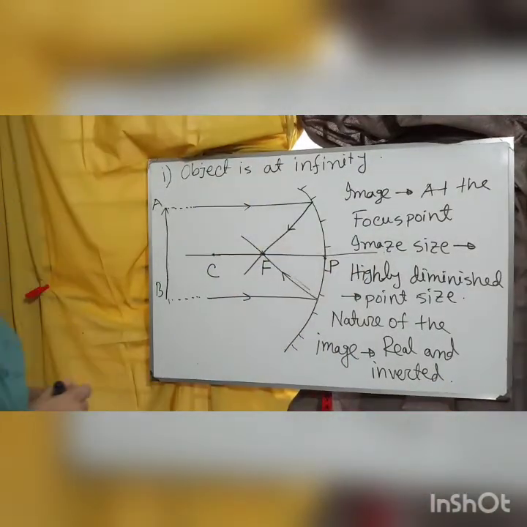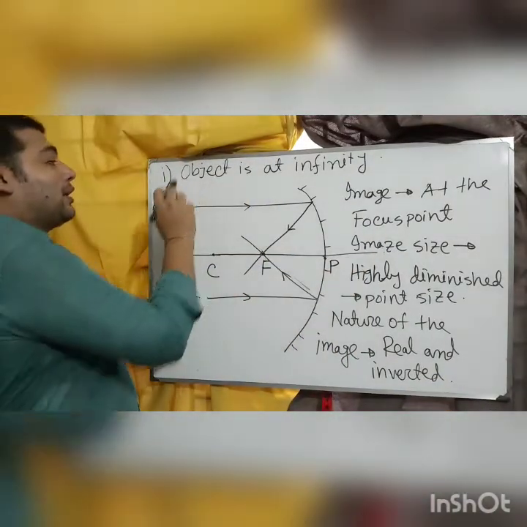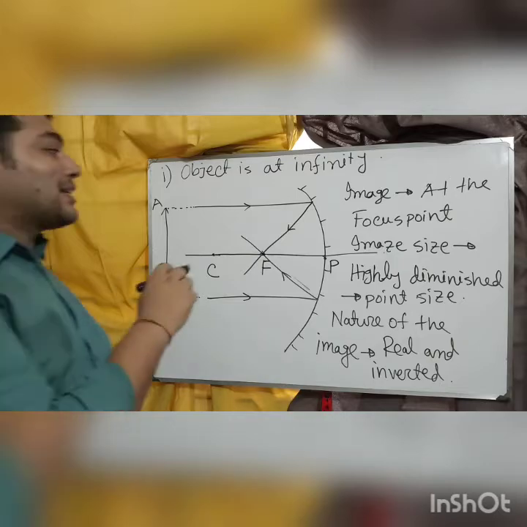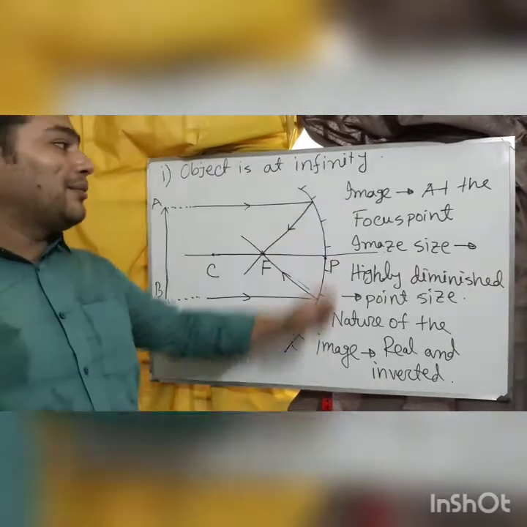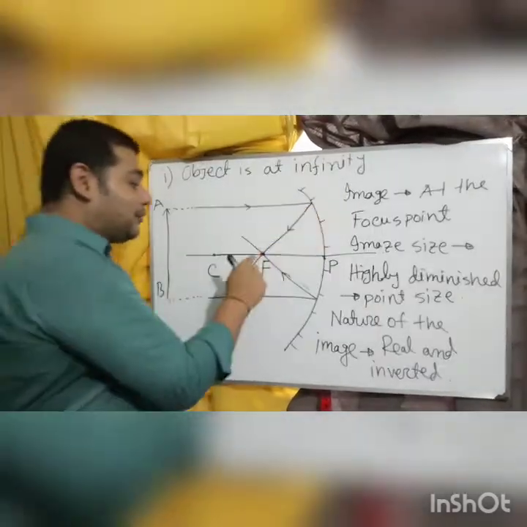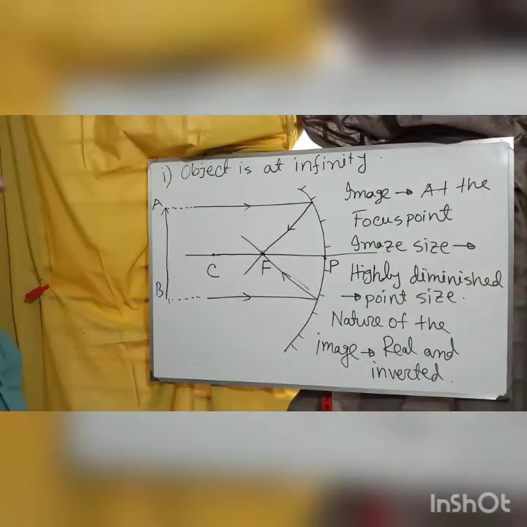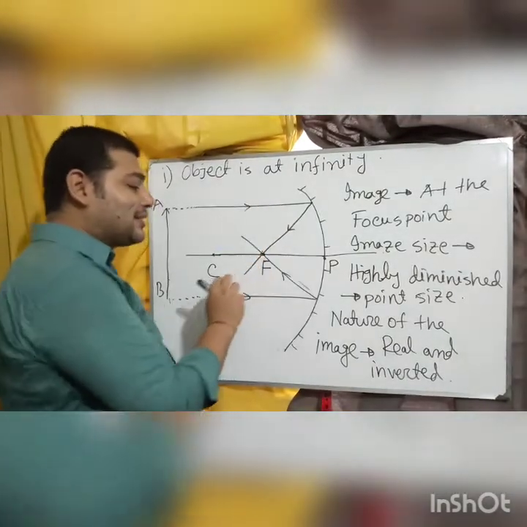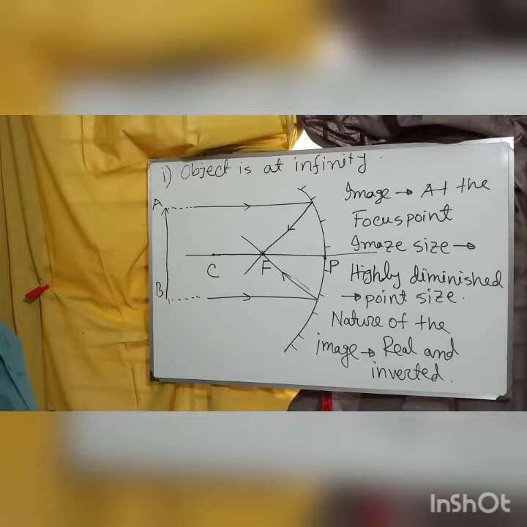So when the object is placed at infinity, we get an image at the focus point, the size of the image is highly diminished, and the nature of the image is real and inverted.